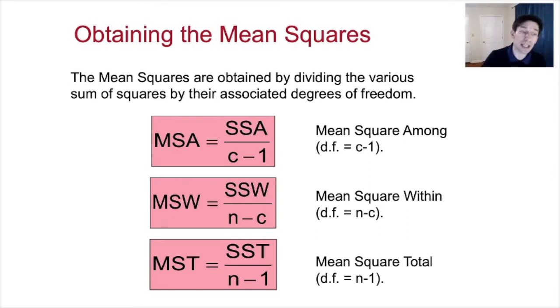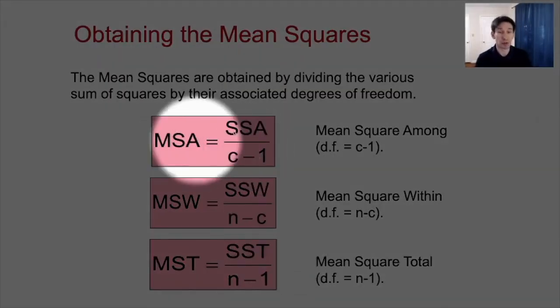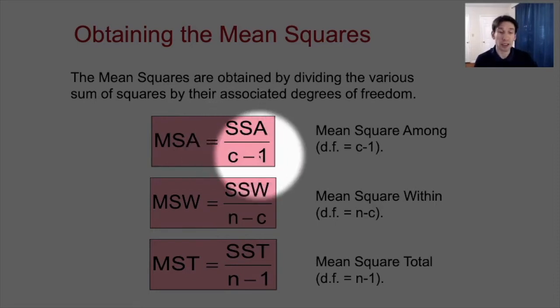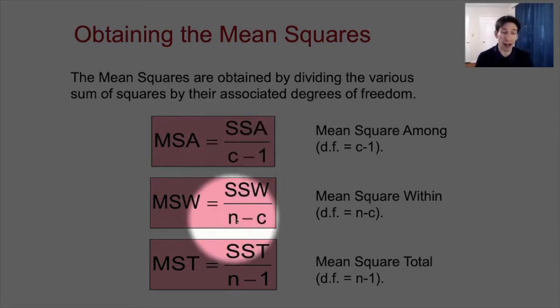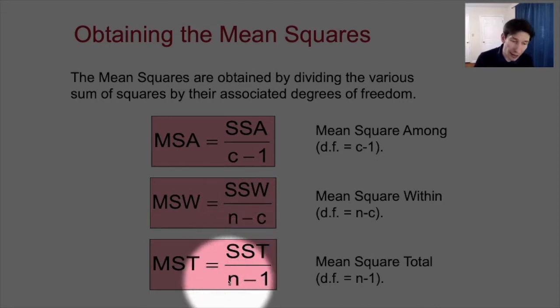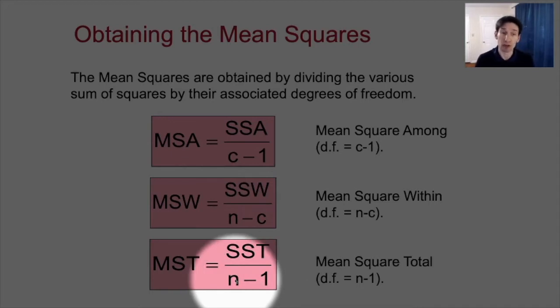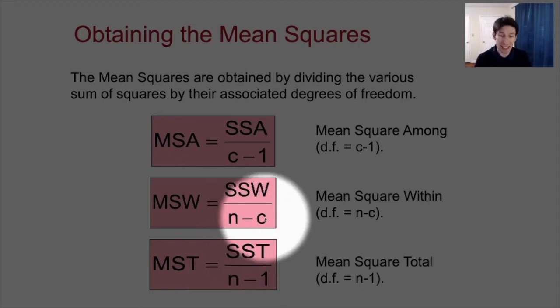In each case, the MS is just an SS divided by degrees of freedom, but be careful, the degrees of freedom are never the same. The degrees of freedom among are C minus 1, the degrees of freedom within are N minus C, and the degrees of freedom total are N minus 1. Remember, N is the number of observations you have, C is the number of groups you have.